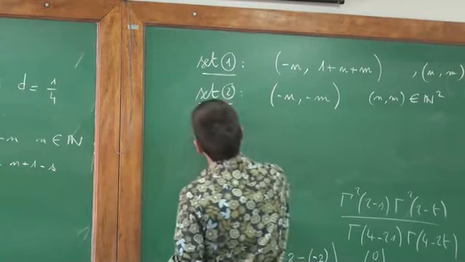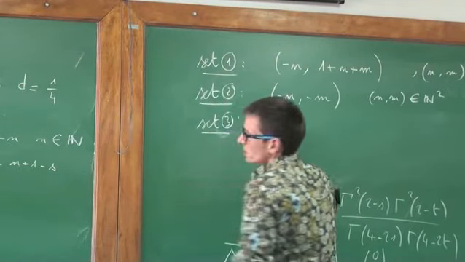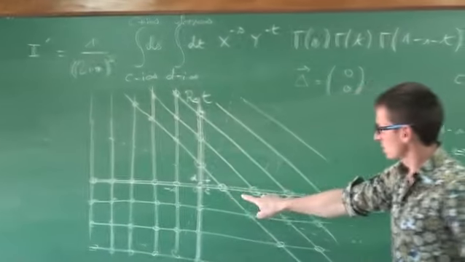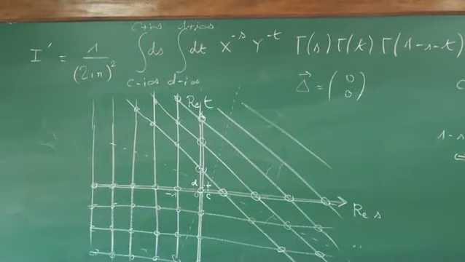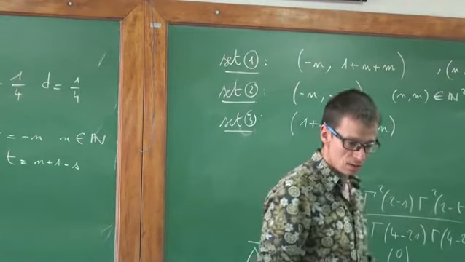And the last one, set 3, is n plus 1, n, 1 plus n plus n minus n. Okay?